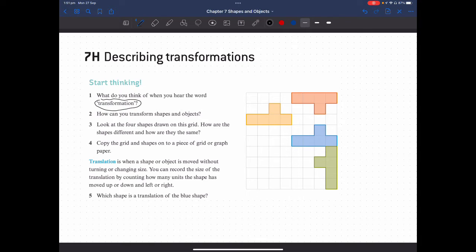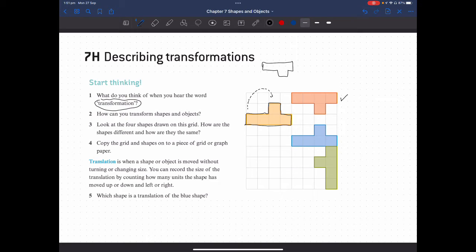So I'm going to start with the orange shape. I have drawn a black line around that orange shape. If I took that shape and I turned it around, I would get a shape like this, which is the shape up in the top corner.